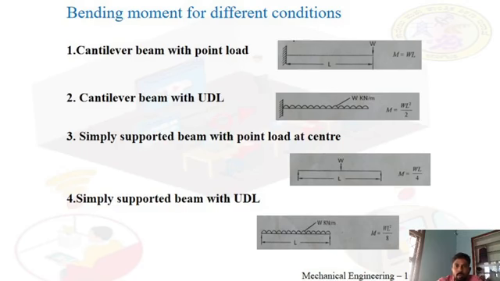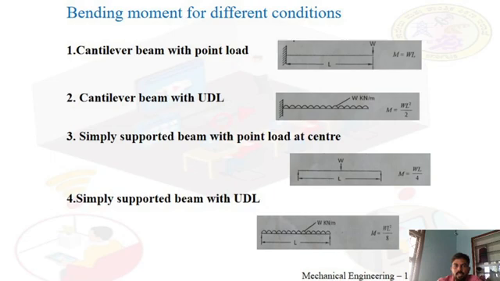If a problem is given directly, you can apply these conditions directly. The first one is a cantilever beam with a point load. You already know what a cantilever beam is. M is equal to W into L, where W is the load and L is the span or length of the beam.